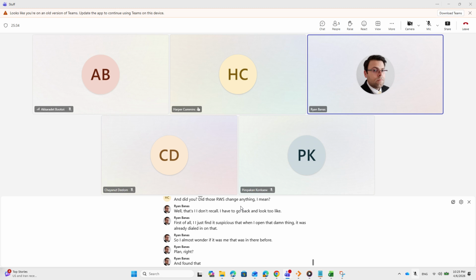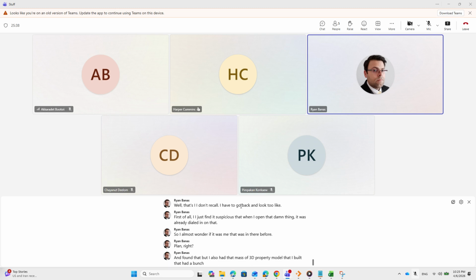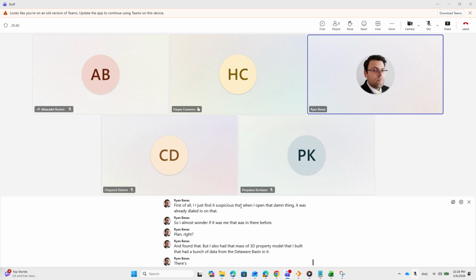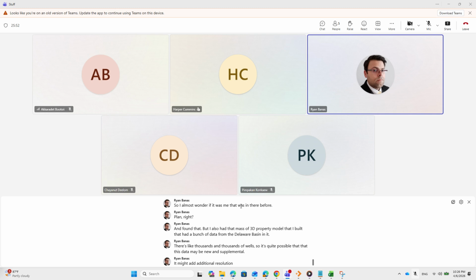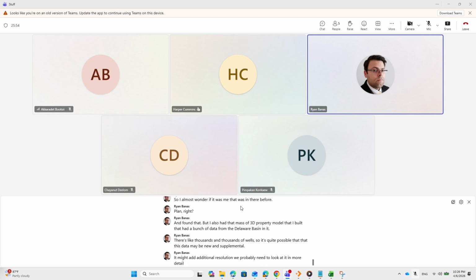But I also had that massive 3D property model that I built with a bunch of data from the Delaware Basin in it. There are thousands and thousands of wells. So it's quite possible that this data may be new and supplemental. It might add additional resolution. We probably need to look at it in more detail.